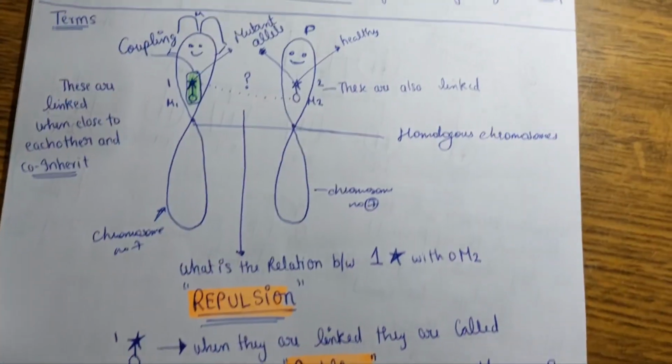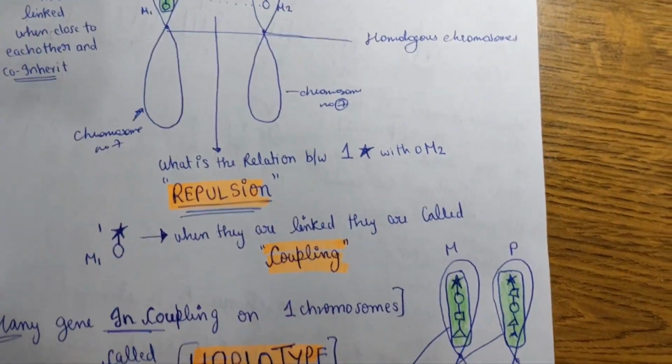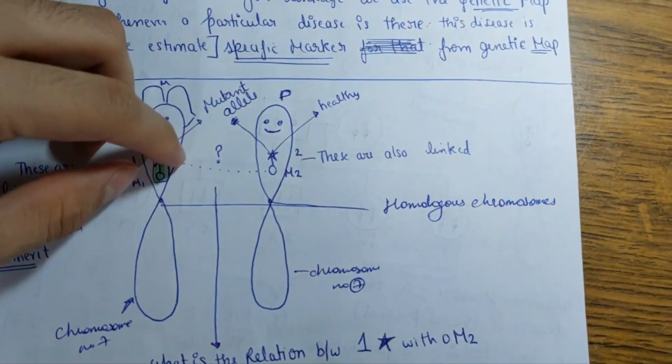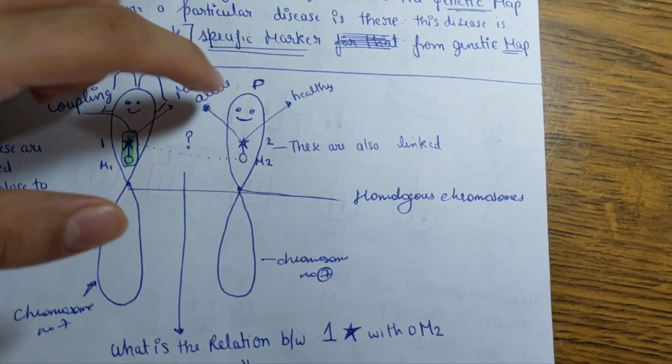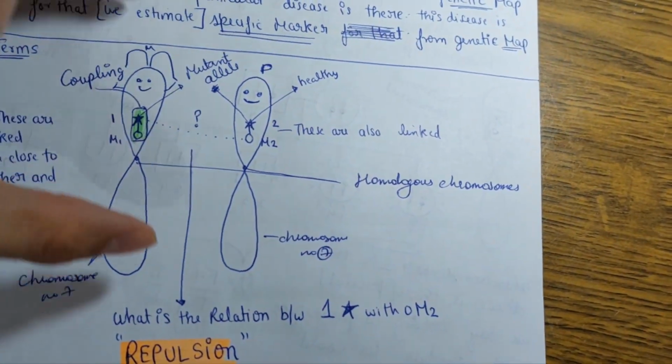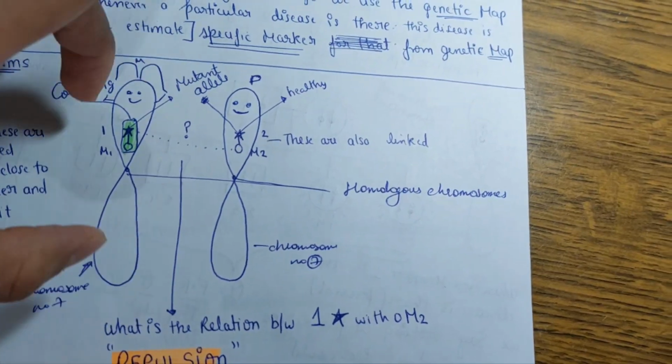Now we are going to discuss a few terms such as coupling, repulsion and haplotype. Here we consider two chromosomes, one maternal and one paternal. Both are homologous chromosomes, meaning they are the same chromosome number, for example chromosome 7 and 7.